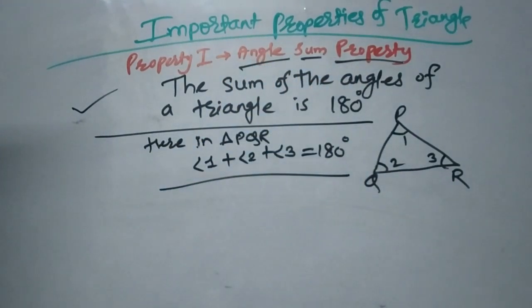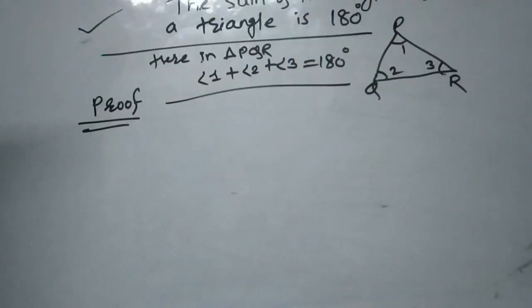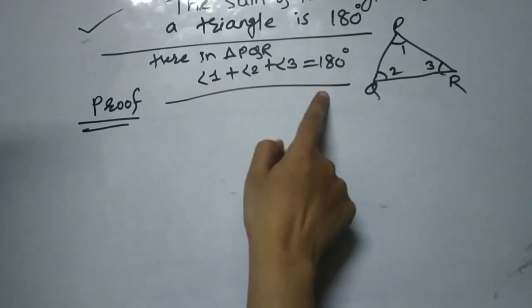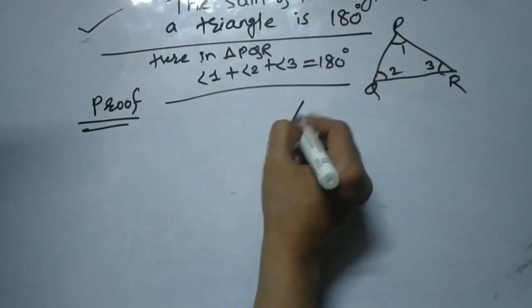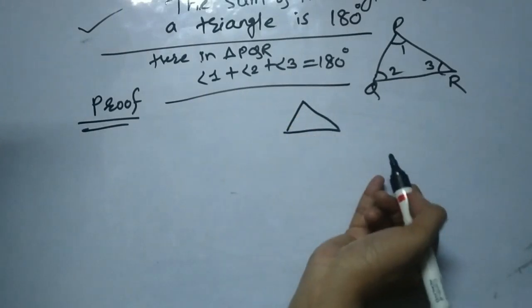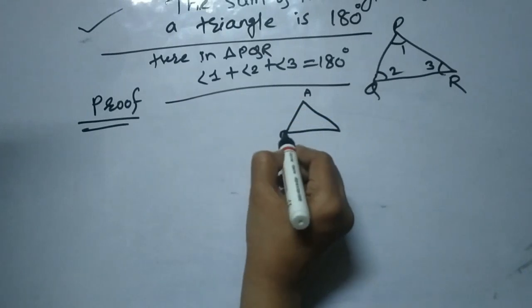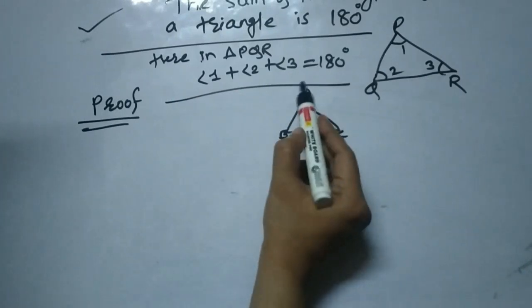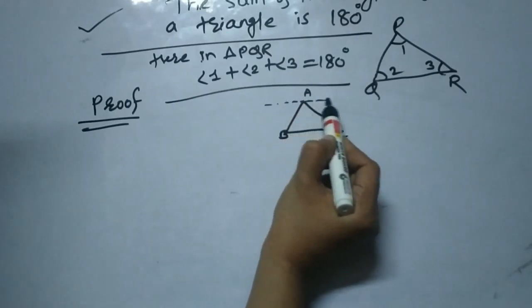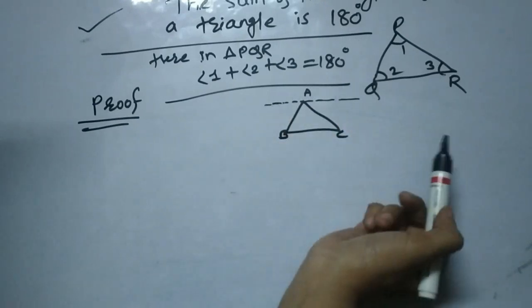So friends, we can get the proof of this. Let's see the proof of how it comes to 180 degree. Let's consider one diagram. This is one triangle, suppose this triangle is A, B and C. We need to do some construction here, which means we'll draw one line here.